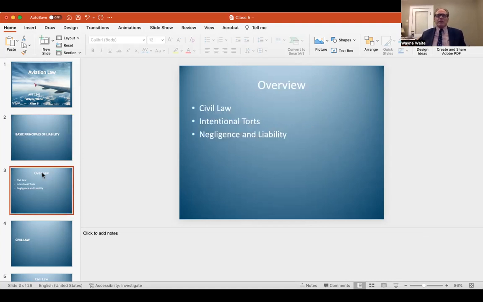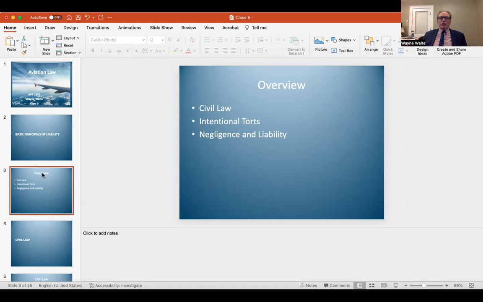Tonight we're going to be talking about civil law, a little bit about criminal as well. Under that, the big buckets of intentional torts are those things which one does intentionally.